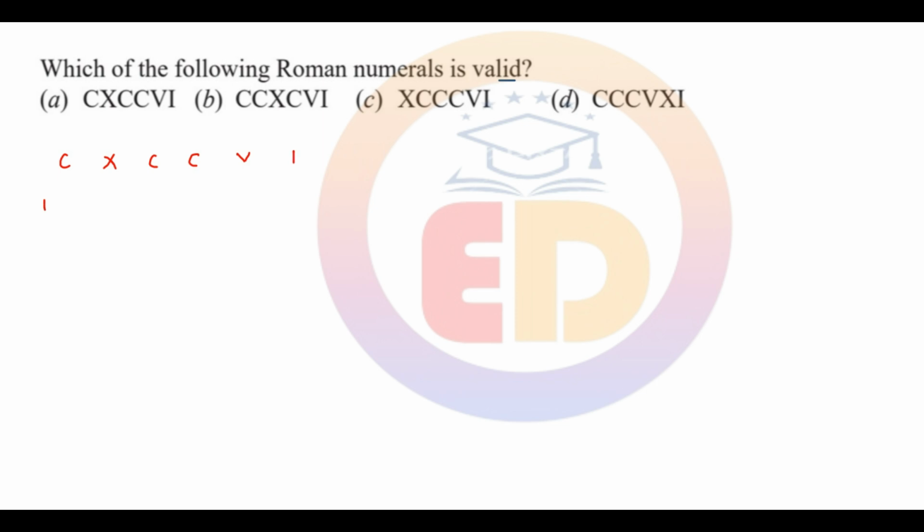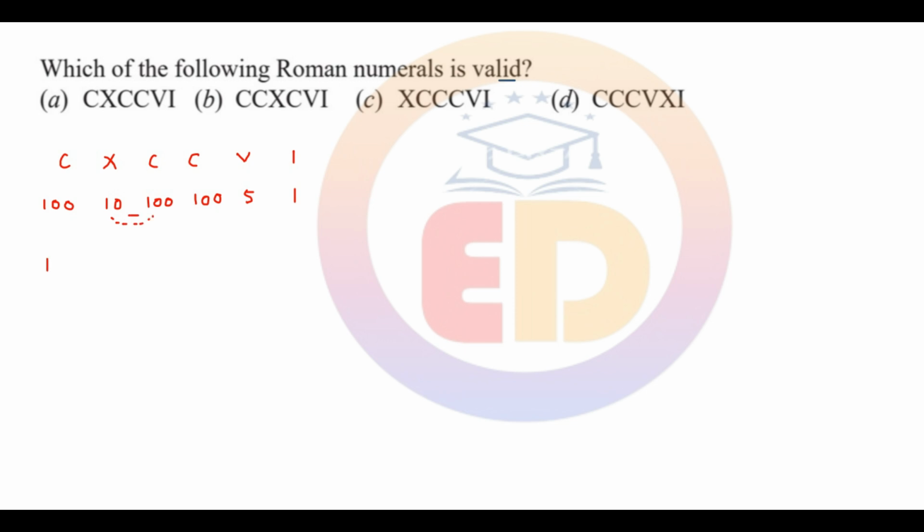C is 100, X is 10, C is 100, again this C is 100, V is 5, I is 1. So after 100 comes 10, and then comes 100, then comes again 100. So these two I will have to subtract.